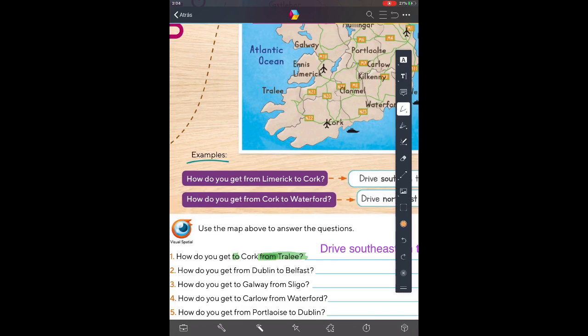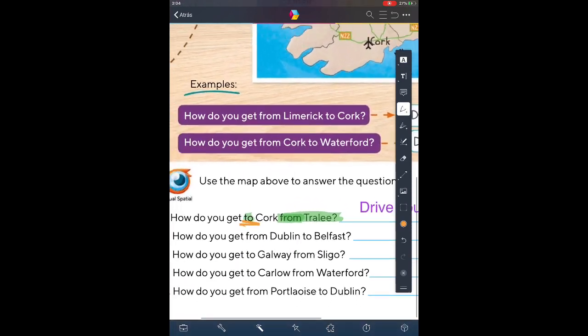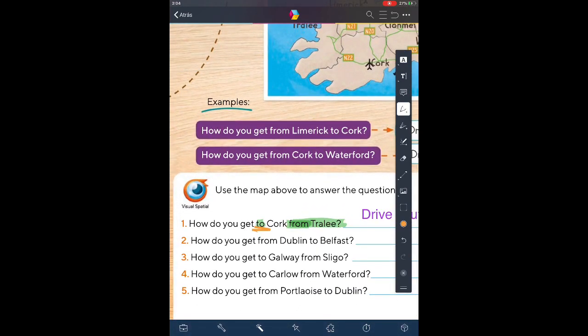And if you see to, it's the place where you're going, okay? So you need to be careful because they're mixed up. Sometimes they start with from, sometimes they start with to. So just to be clear, if it starts with from and the place, from Dublin, you're going to start with this place, okay? And then if it says to Belfast, that is the place where you're going to go, okay?